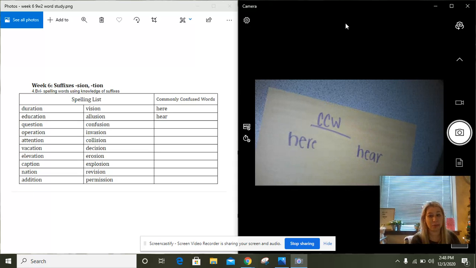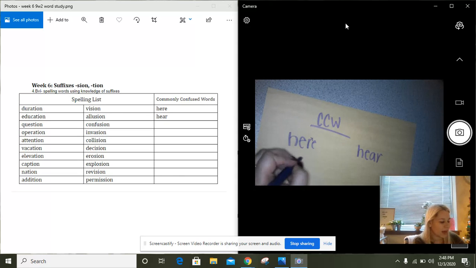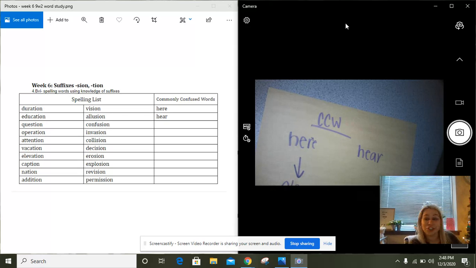They look super similar. So I like to think of it as here, I do an arrow on the R. Like I'm right here. It's a place or location.